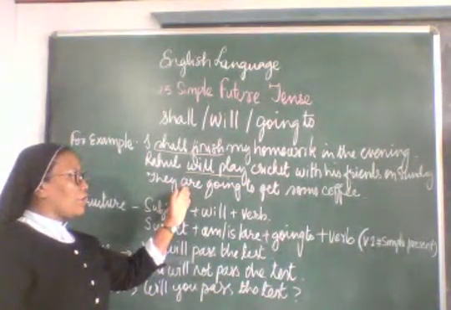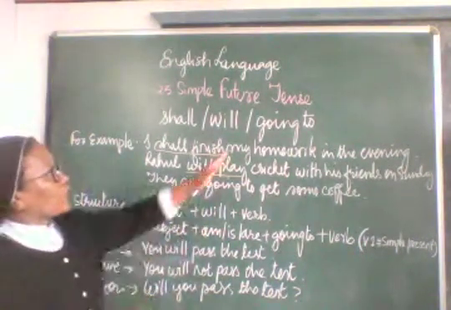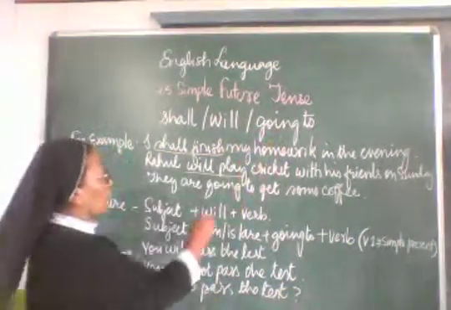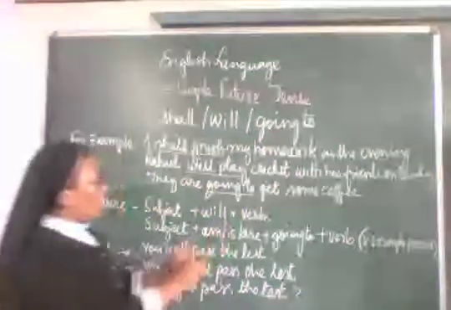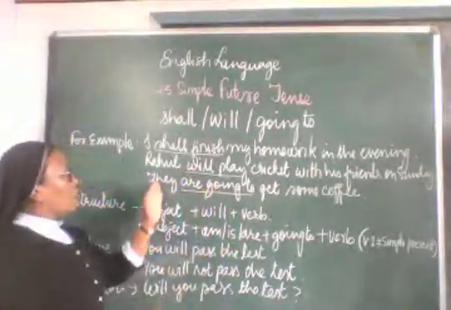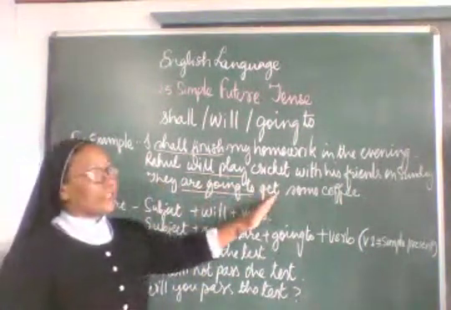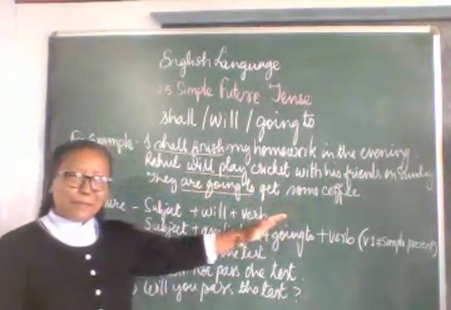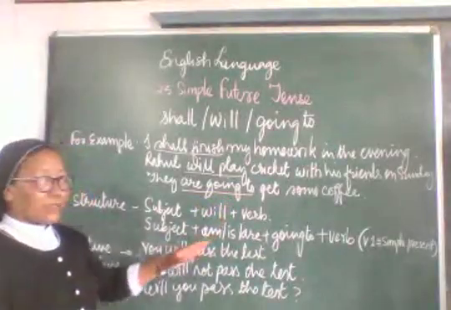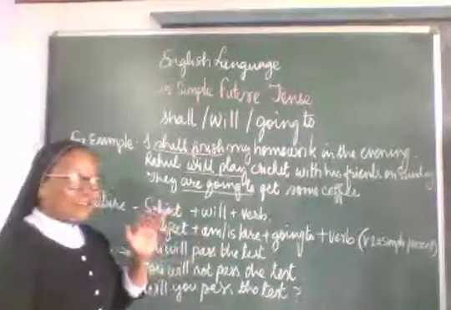And here I use going to to express the future time. Remember that with going to I have used are. So they are going to get some coffee. They are going to do it later on, afterwards. So the plan is already decided.